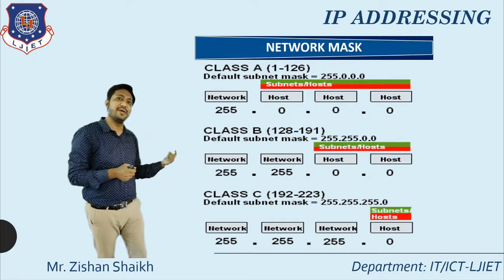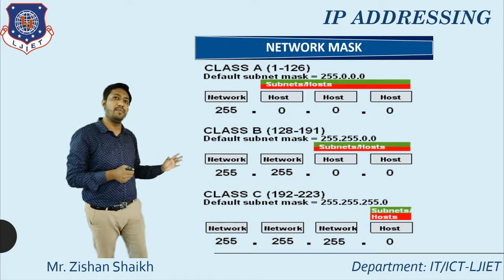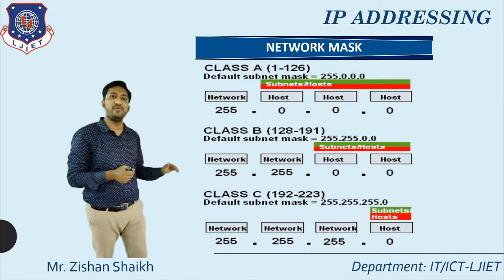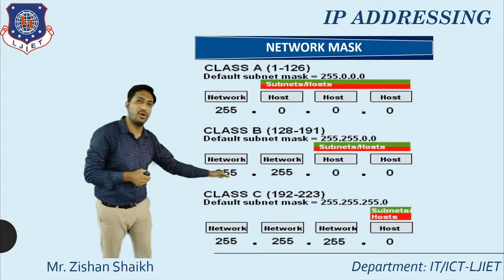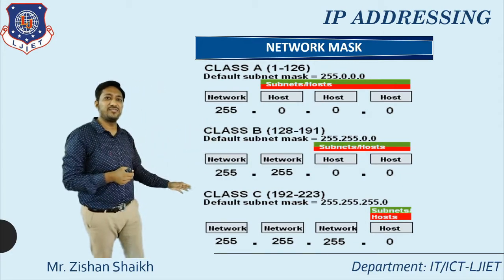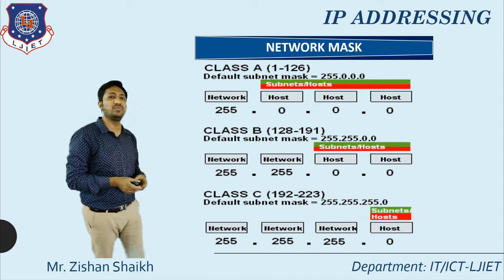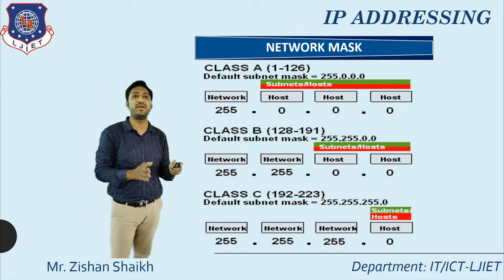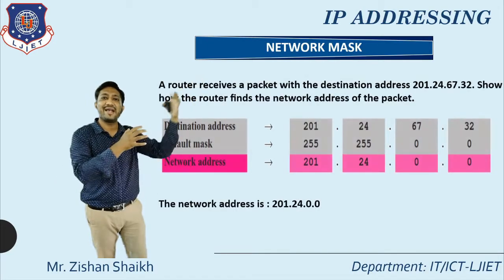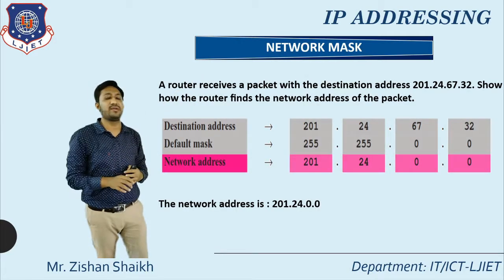So for class B, our default mask will be 255.255.0.0. And for class C, the first 3 octets are used for the network and the 4th octet for the host, so our default mask is 255.255.255.0.